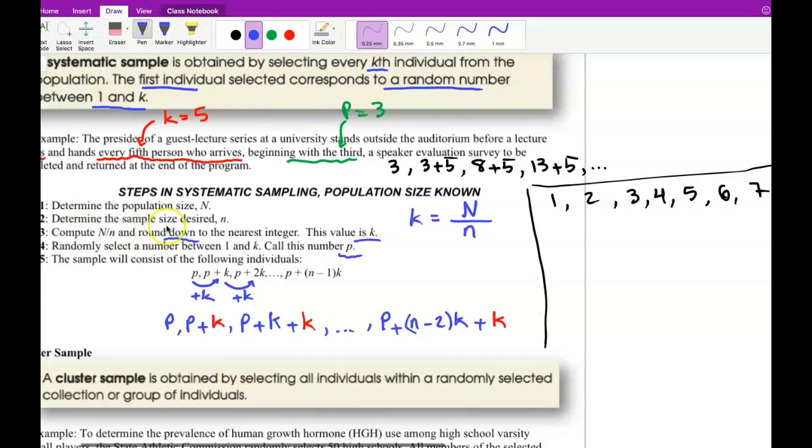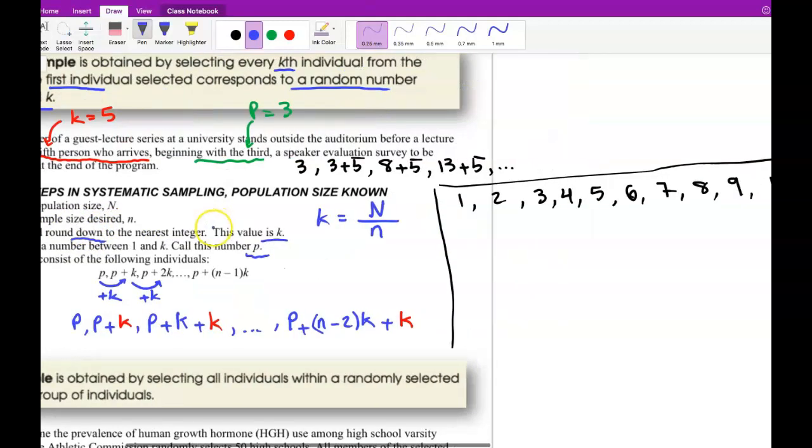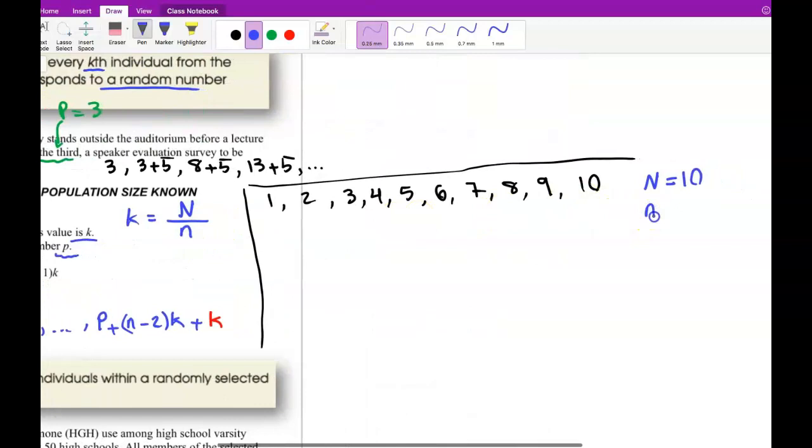Then step 2, determine the sample size desired. So we choose what we want to have for sample size. I'm choosing 3, so I want to select 3 individuals from this population.